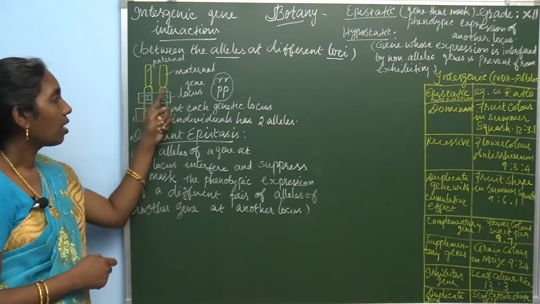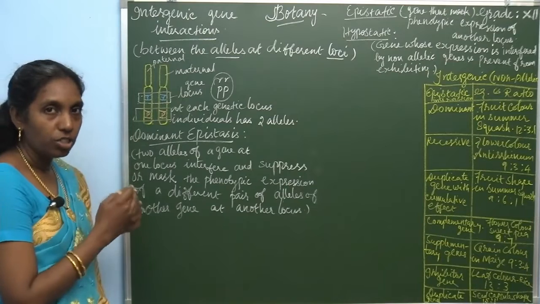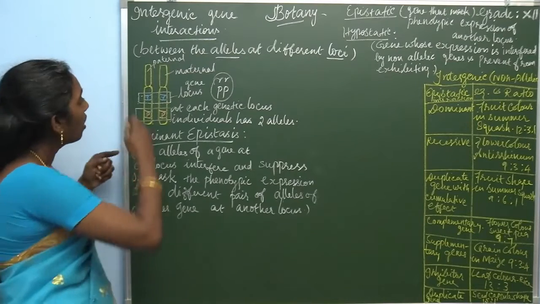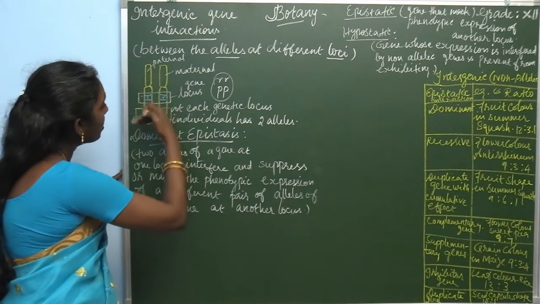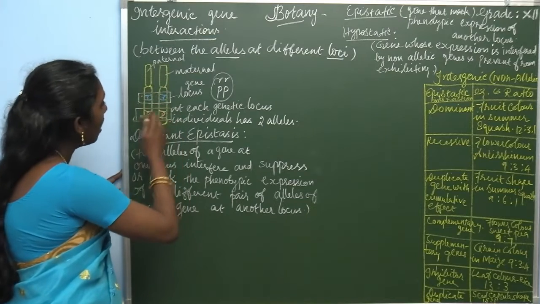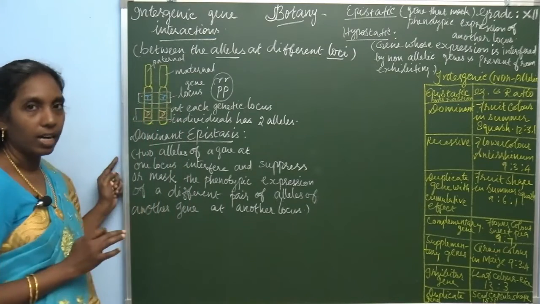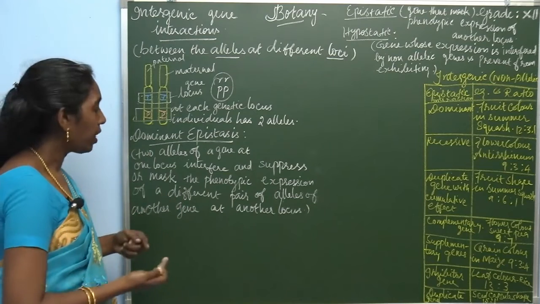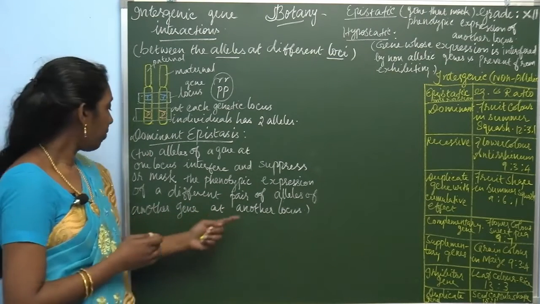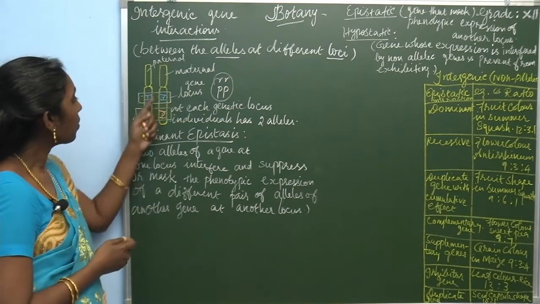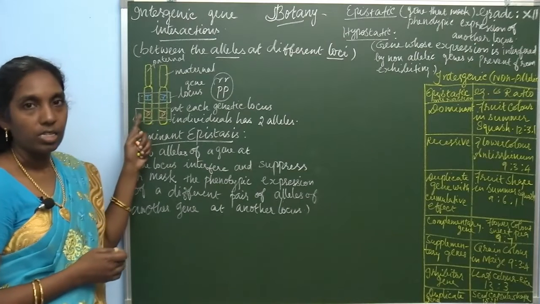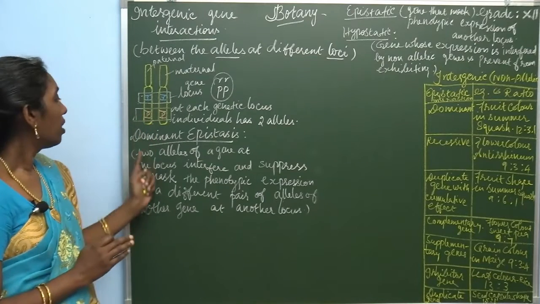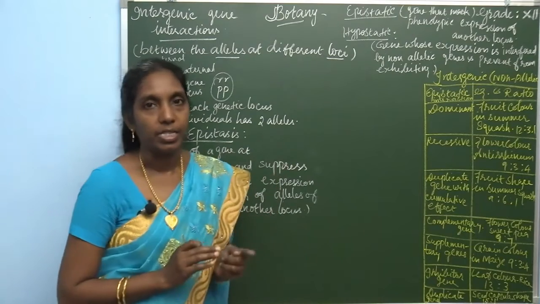So this pair of alleles in one locus suppresses or masks another pair of alleles in its phenotypic expression. This is called dominant epistasis.